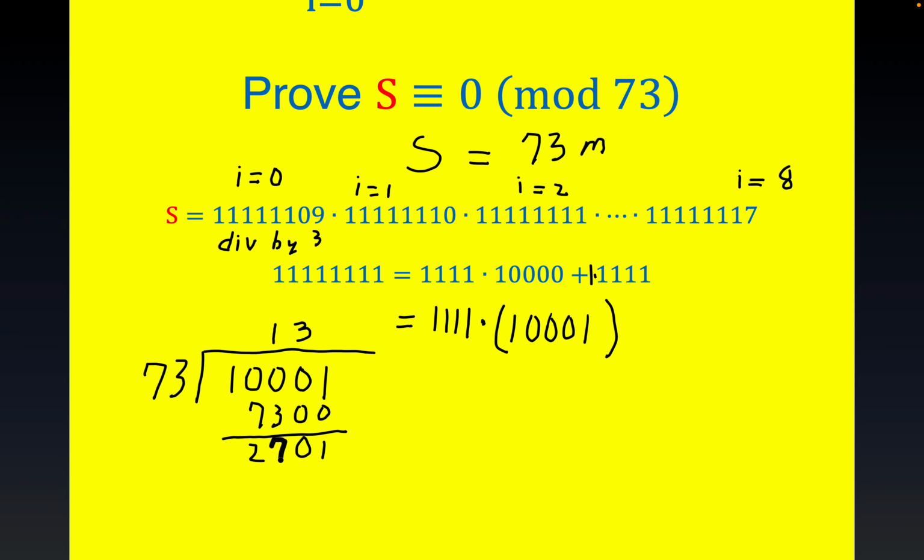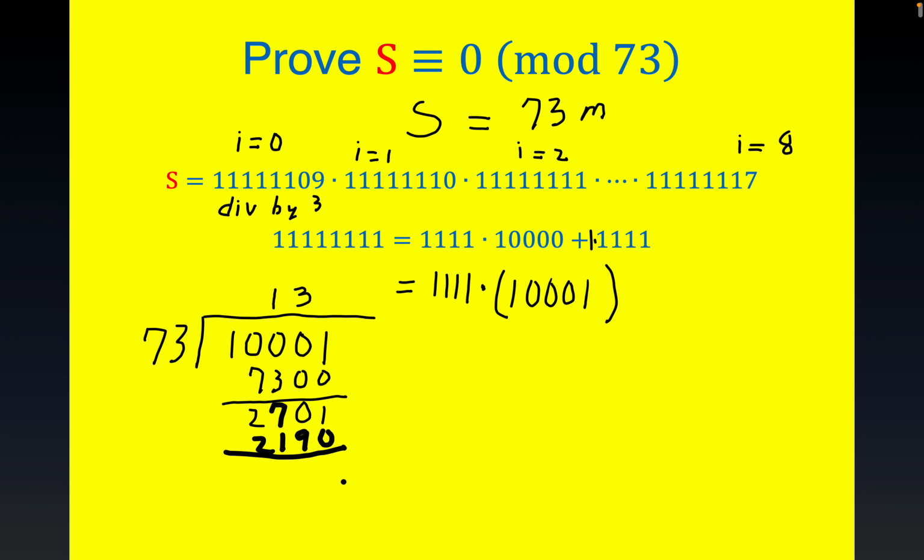Now what do we need? Okay, we need to multiply by something to get rid of this. Now that something would be 3, and you get 2190 when you perform that multiplication. Okay, same old thing right here.